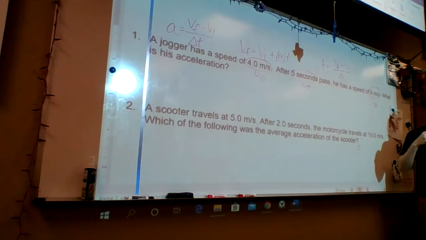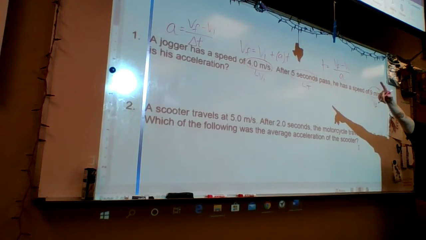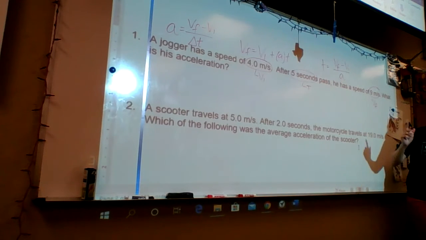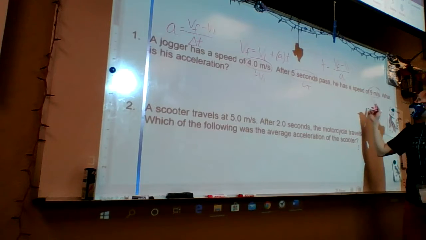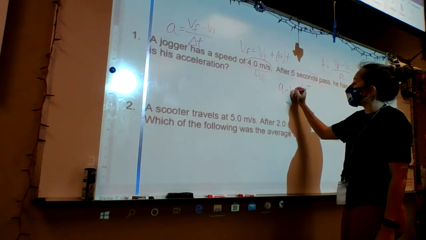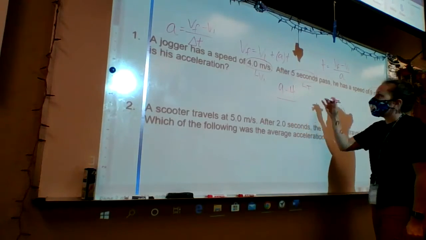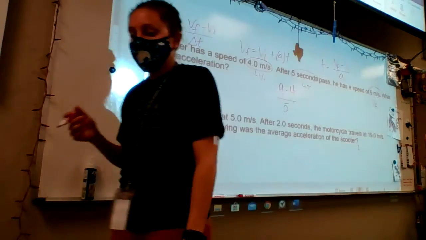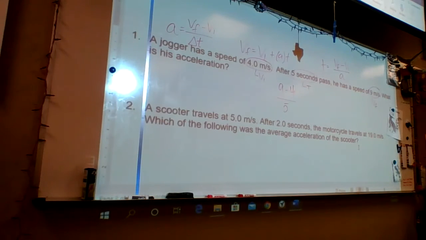So now, I'm looking for A. I'm going to use my A equals equation, and I'm going to plug in these numbers. VF minus VI. So VF goes first, so I'm going to do 9 minus 4 divided by T, which is 5. What's 9 minus 4? 5.